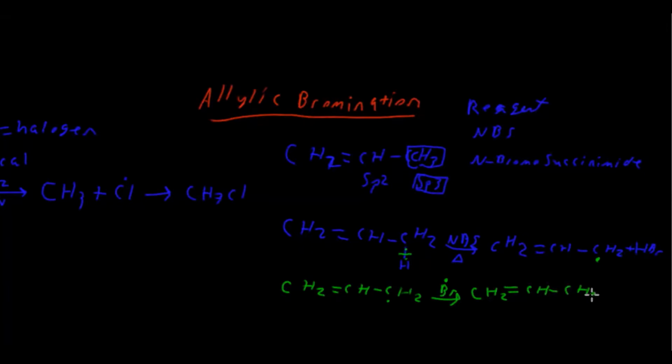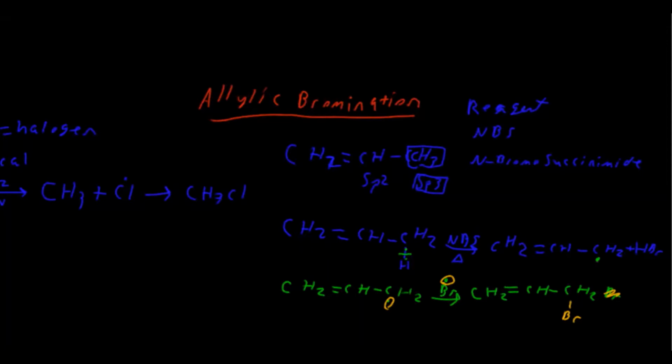So now we have CH2Br, because this electron and this electron connected to make a bond. If I cross out this Br and put it right here, we can see that the bromine took the place of the hydrogen atom due to the nature of the free radical electron floating on both the carbon and the bromine in this reaction.